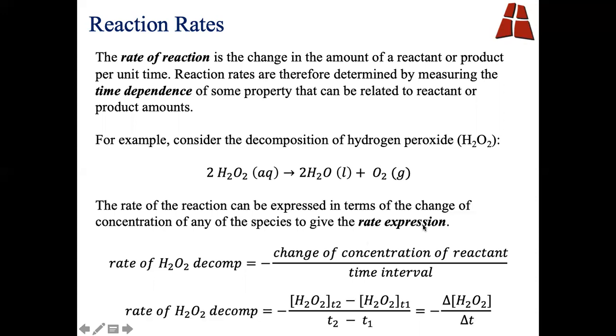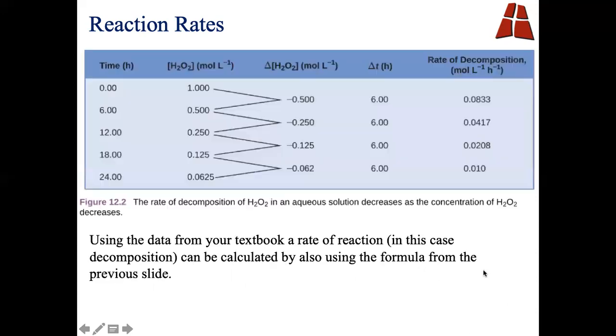In more mathematical terms using variables, we could say the concentration of H2O2 at one time minus the concentration of H2O2 at a different time, divided by t1 minus t2, is equal to the change in concentration of hydrogen peroxide over time.